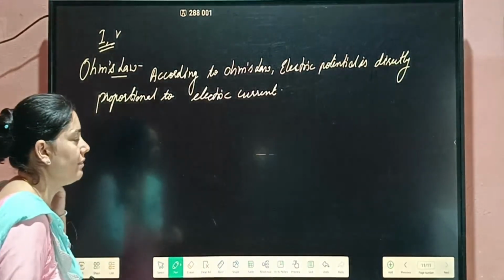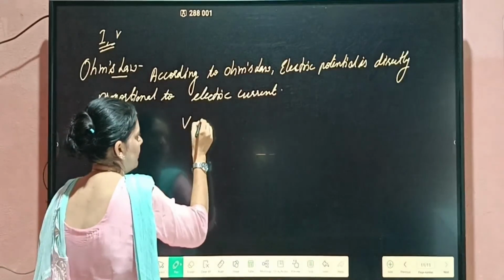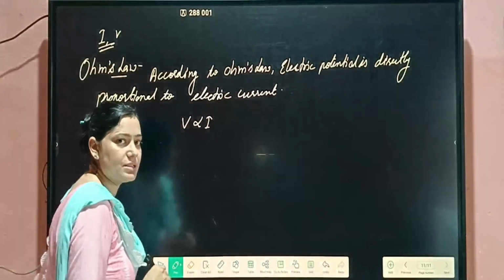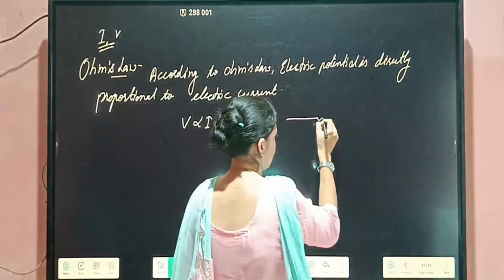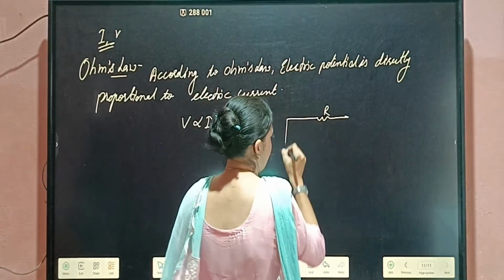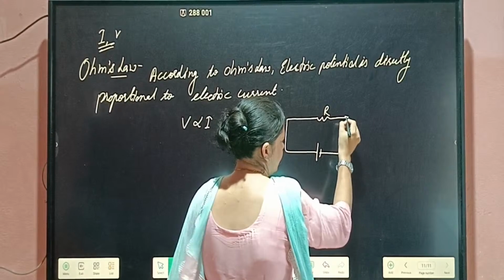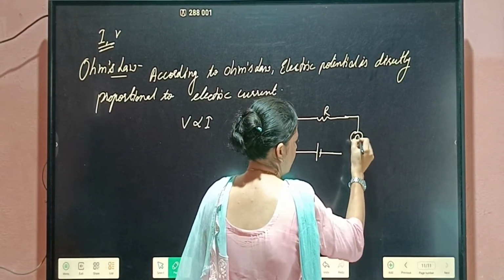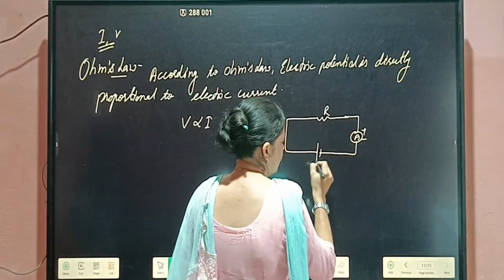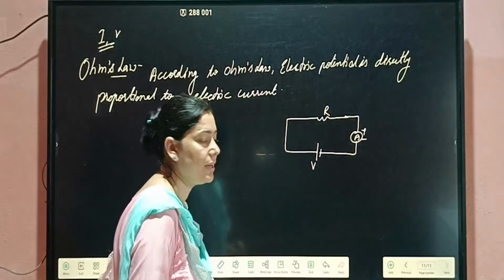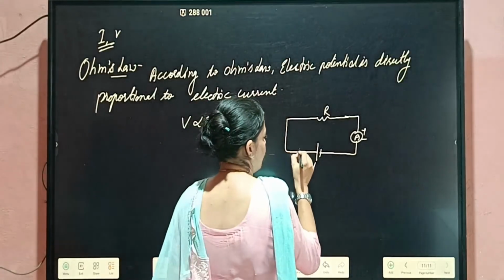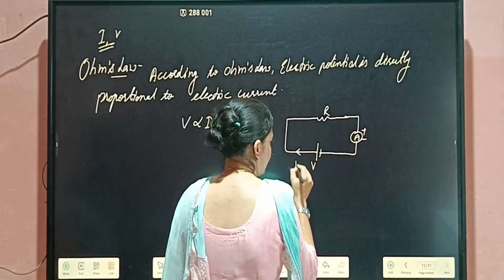Okay, so mathematically we can write this one, V is directly proportional to I. Means any device we are attaching here whose resistance we are taking as R, then here we are attaching a battery. Then for the value of the current we will attach an ammeter, and V will be the voltage. Okay, resistance is R. As battery we will connect here.